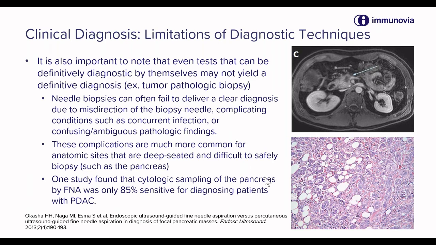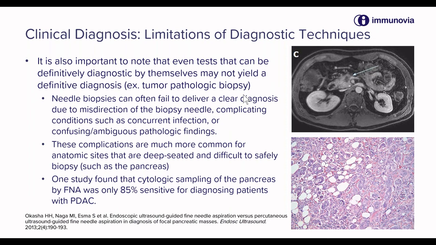And one study found that cytologic sampling of the pancreas by FNA was only 85% sensitive for diagnosing patients with PDAC. For this reason, having multiple different types of tests that measure different aspects of disease can be very useful in terms of managing the diagnostic process optimally and ultimately managing the patient's care in the most useful way.